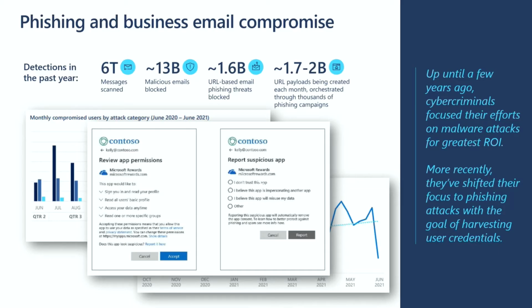Phishing campaigns, that's another common attack vector into education. We're seeing trillions of messages scanned, 13 or so billion malicious emails blocked, another 1.6 billion with phishing URLs that have been identified or blocked, and different payloads that we're privy to that we're helping prevent from various types of phishing attacks. You can see those trends from an identity compromise perspective.